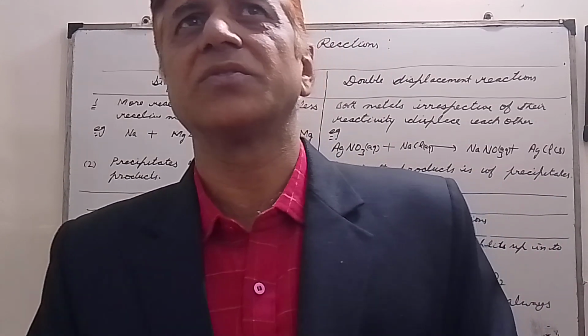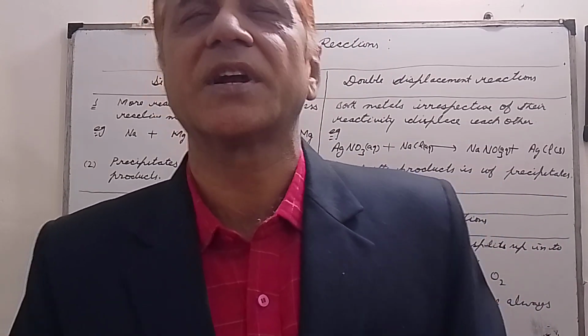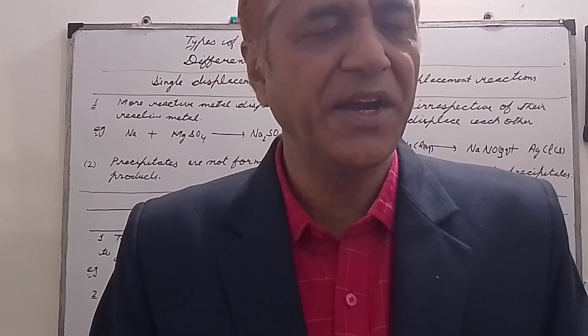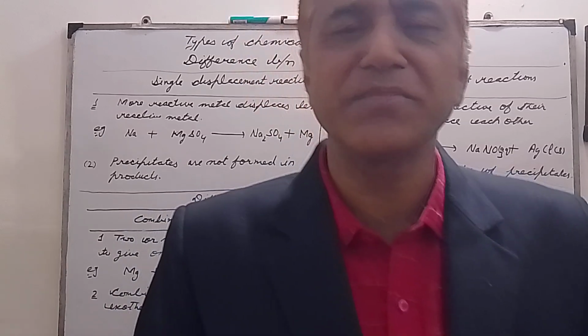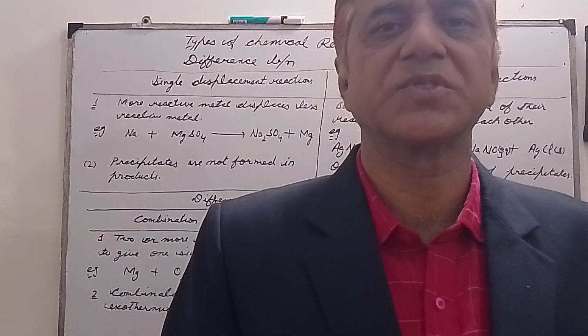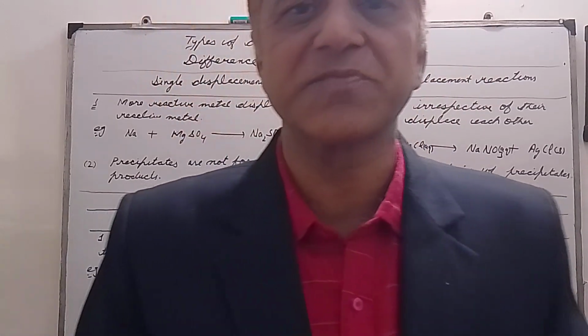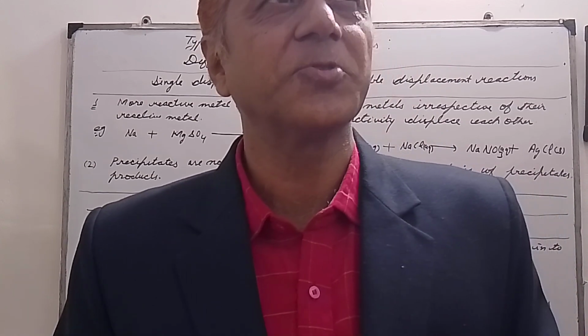So in the last video, my dear students, we were studying double displacement reactions, and we had studied them in detail with examples. So let me recall once again what double displacement reactions are.